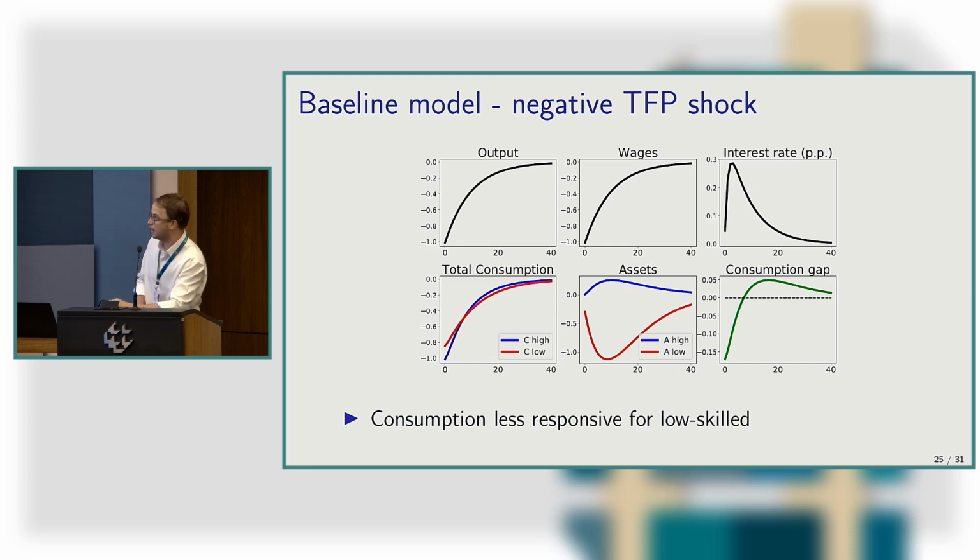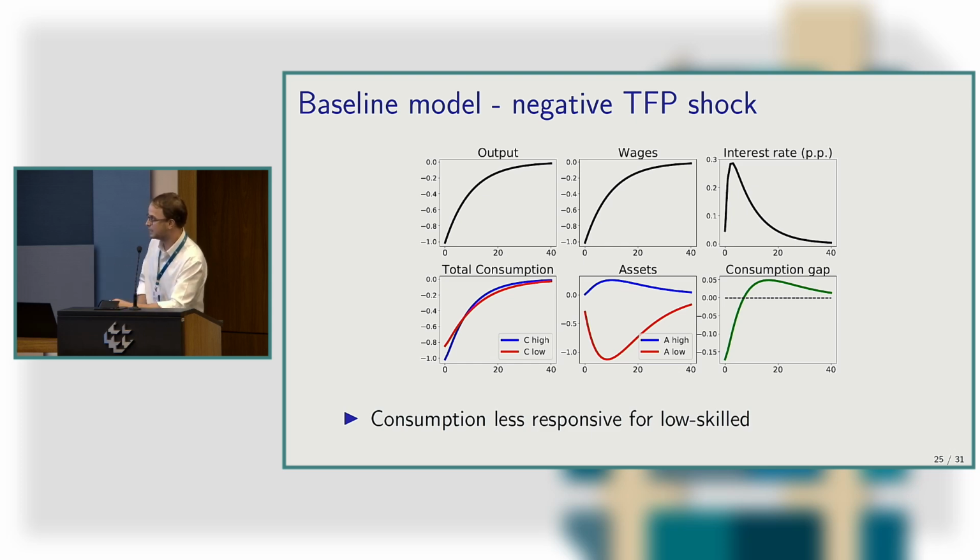Both average consumptions fall, and in the green line I'm plotting the difference between the average consumption of the two types. The fact that it is going into negative territory means that the consumption of the high-skilled workers is falling relatively more than the consumption of low-skilled workers.